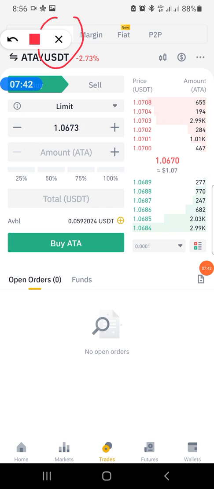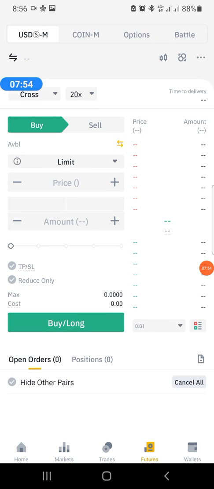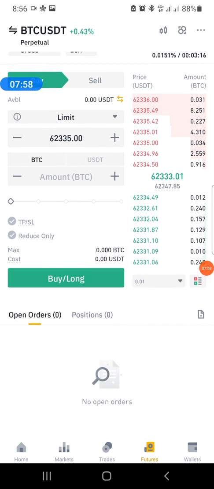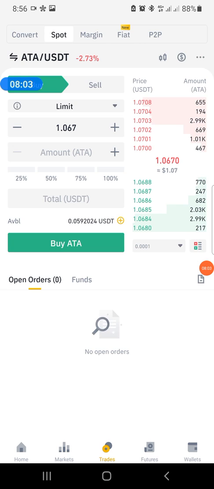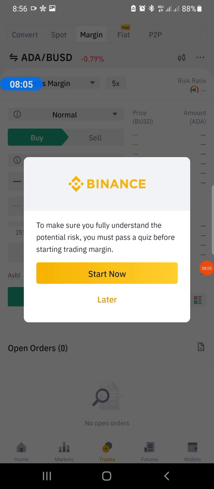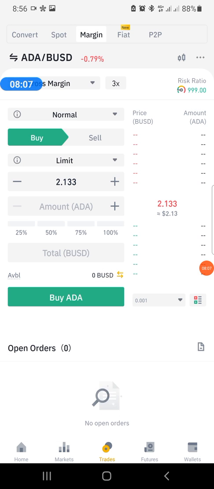And here is another form of market, which we call the futures market. I will take them one after the other. Then here we call this market margin trading.